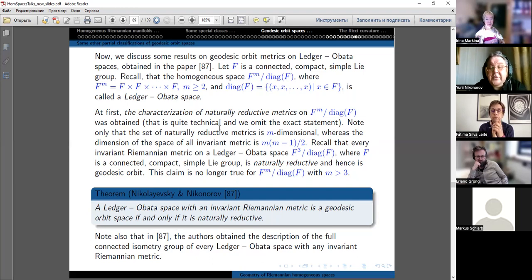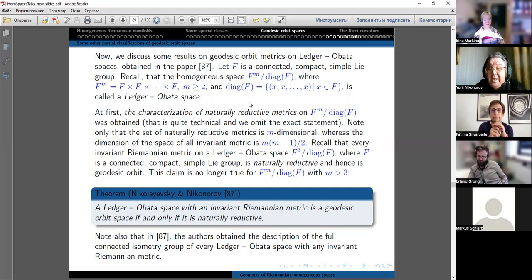For example, if you want to consider all invariant metrics, then the dimension of the space of all invariant metrics is M times M minus 1 divided by 2. It's very serious. And some components could rotate around another one, and so on and so on.